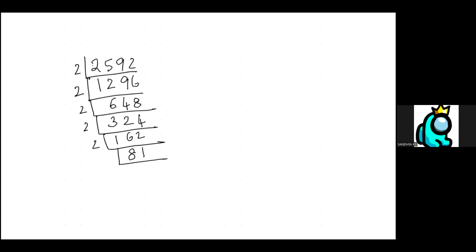So 8 plus 1 is what? 9, right? 9 means it is divisible by 3. So we want to divide by 3. So divide by 3 means you will get 27 because 2 3s are 6, 21 will come, 7 3s are 21. Divided by 3, 9 3s are 27, then 3 3s are 9.